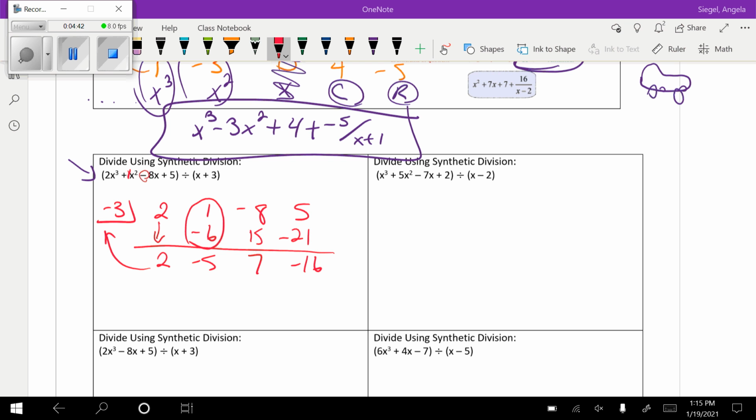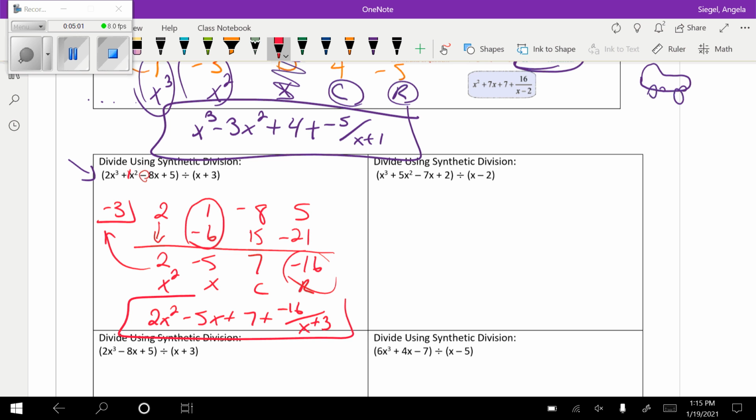So it should look like this, and remember RC car. We're working backwards. RC, x squared. So my final answer is 2x squared minus 5x plus 7 plus, and then my remainder, -16 over x plus 3. And that is my final answer.